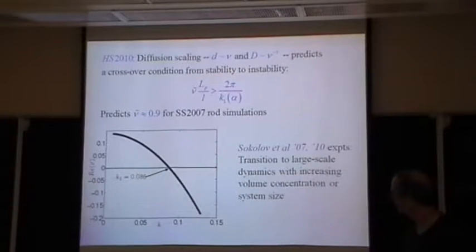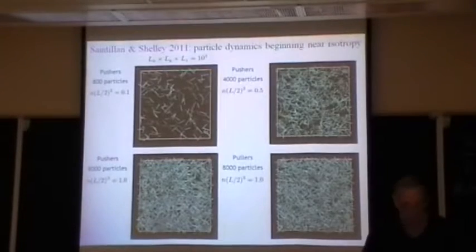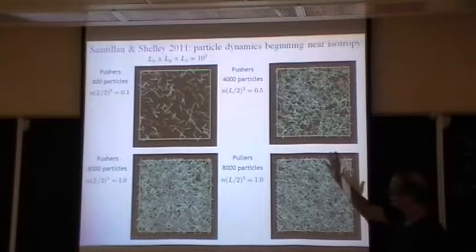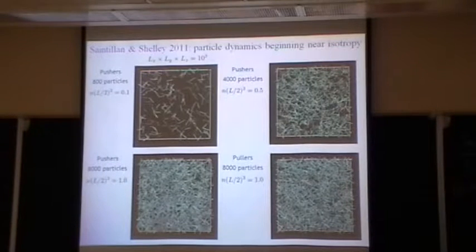Okay, so here, what I wanted to do was go back, and we've recently gone back and looked in more detail at the rod simulations. We have these predictions from the kinetic theory, not just in terms of instability, but in terms of other things. So the first thing I want to show you is just a series of simulations where all I'm doing is upping this effective volume fraction and looking at the dynamics of the suspension.